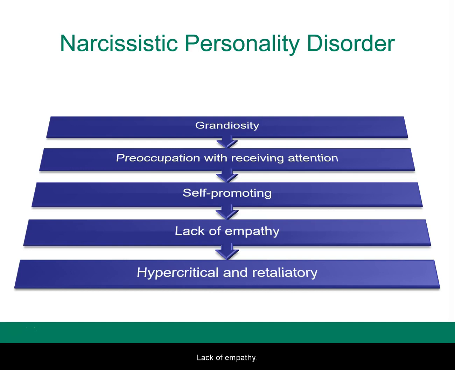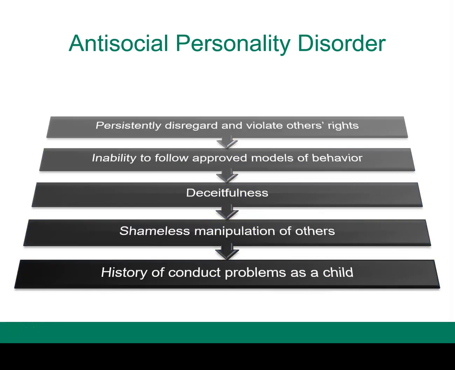Self-promoting, lack of empathy, and then hypercritical and retaliatory. For antisocial: persistently disregard and violate others' rights, the inability to follow approved models of behavior, deceitfulness, shameless manipulation of others, and a history of conduct problems as a child.